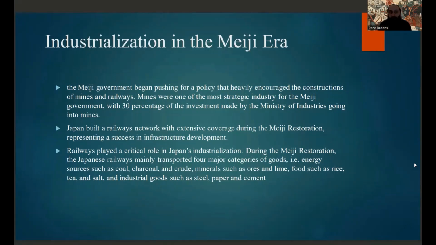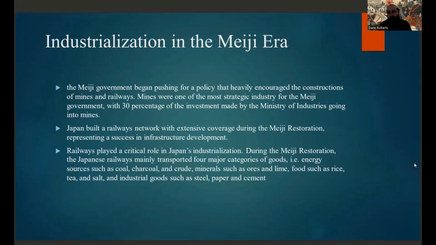Japan built railway networks with the idea of building up infrastructure, but also allowing for the transportation of the materials from mines, allowing both mining and the railway system to play a critical role in Japan's industrialization.